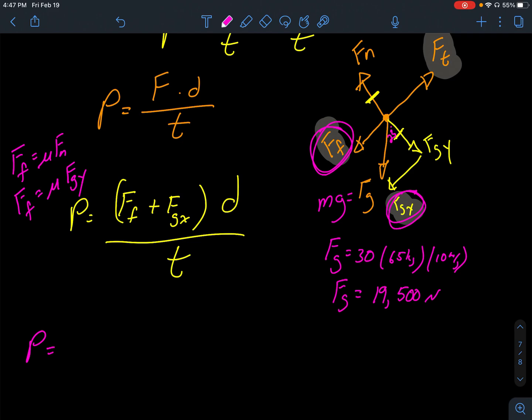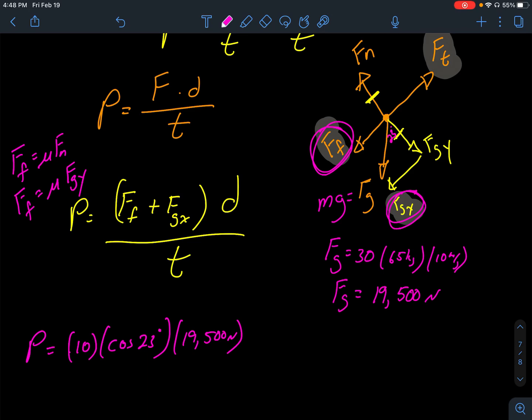So my force of friction would be mu, which was 0.10, times cosine, because I'm looking at that adjacent side, 23 degrees, like this adjacent side here, right? Times my huge weight, 19,500 newtons.